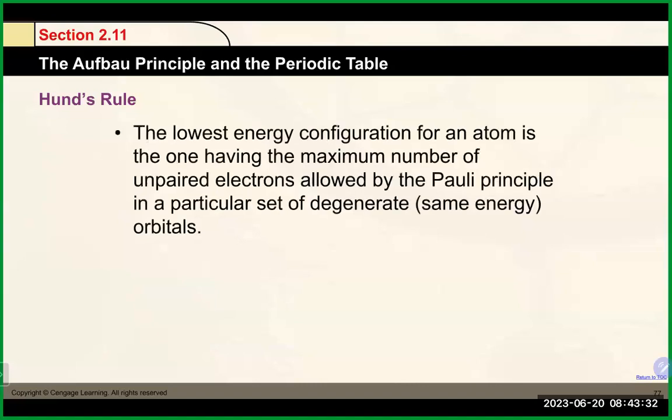And Hund's rule, again, was the other rule we talked about when we were doing orbital diagrams. And that is the maximum number of unpaired electrons. Basically, all parallel spin is the most stable situation. So the lowest energy configuration for an atom is the maximum number of unpaired electrons.